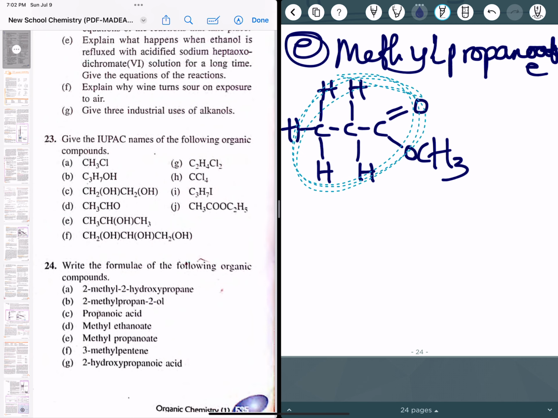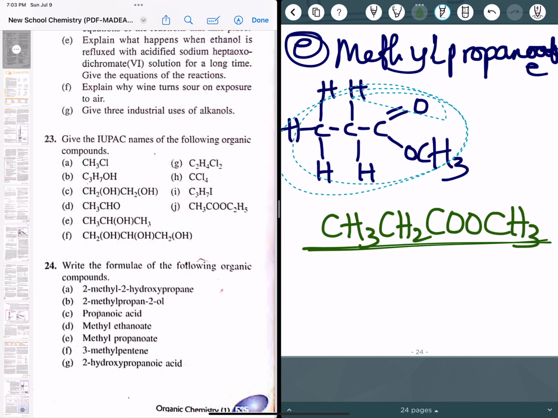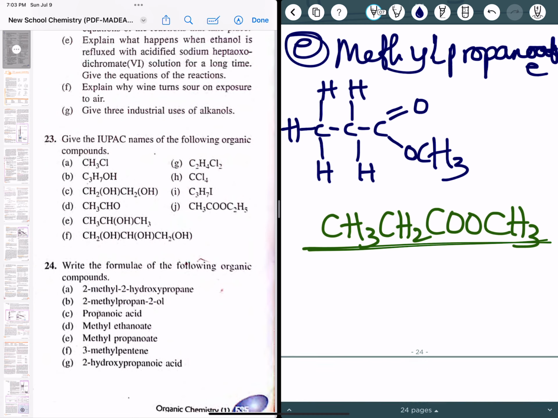Can you see the understanding? So the molecular formula of the compound is CH3CH2COOCH3. This is methylpropanoate here.